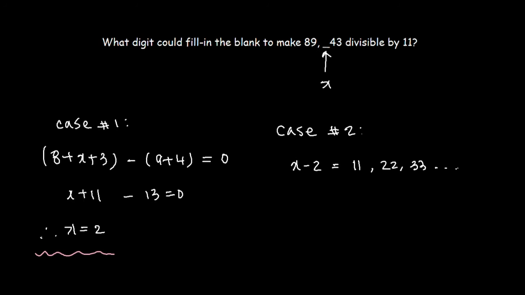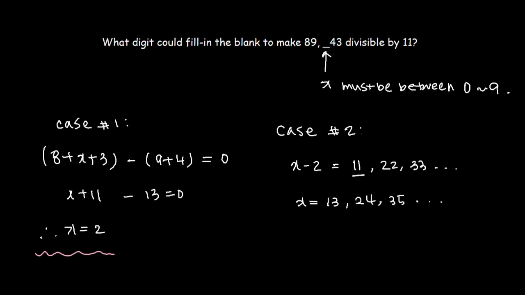But think about it, guys. The smallest number we can have for the answer is going to be 11. If you add 2 on both sides, you get that x is equal to 13. If you add 2 to 22, you get 24, then 35, and on. But as you can see, remember that x must be a number between 0 and 9.